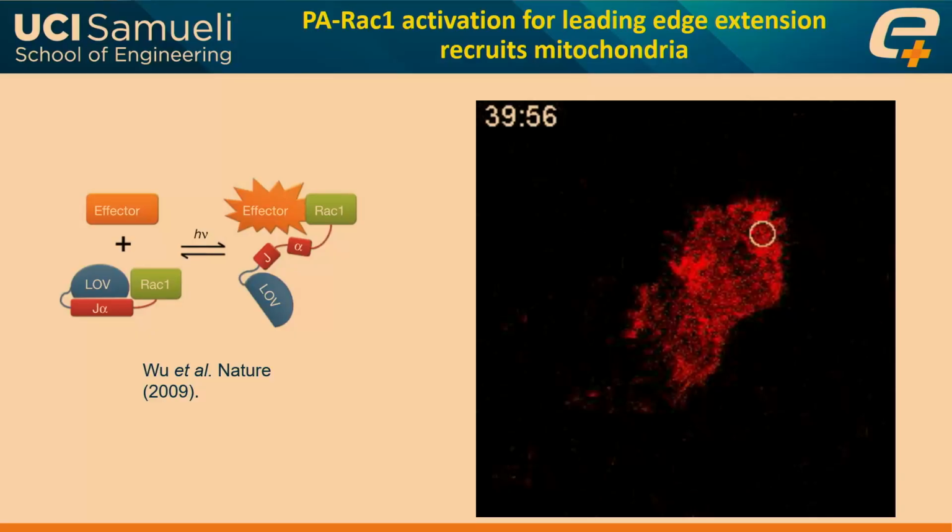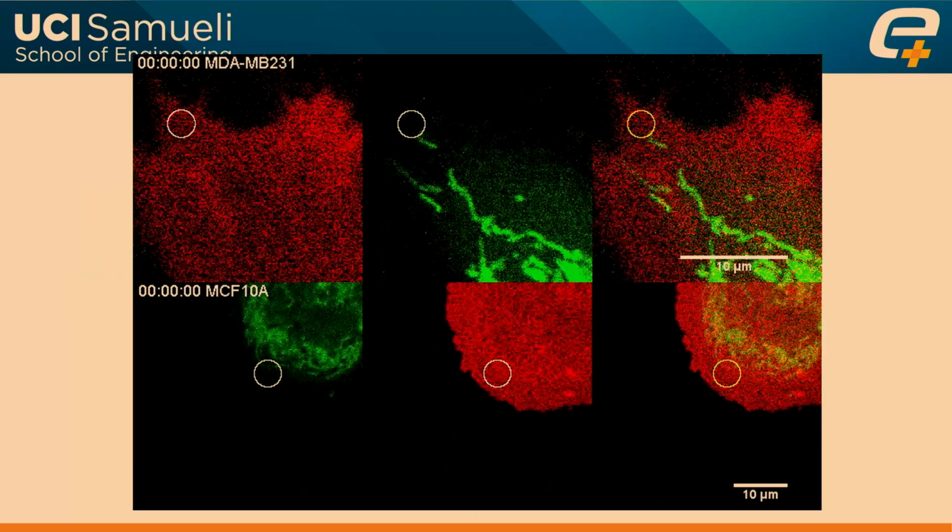This is RAC, a GTP protein that, in the GTP-bound state, enables the cell to migrate in the direction that you shine the laser onto it. And the way that this works is this is a LOV domain. This is a photosensitive protein, and as you add light to the system, it undergoes a reaction that transforms this to a different structure and that releases, so RAC becomes activated, and that's what causes the cell to move.